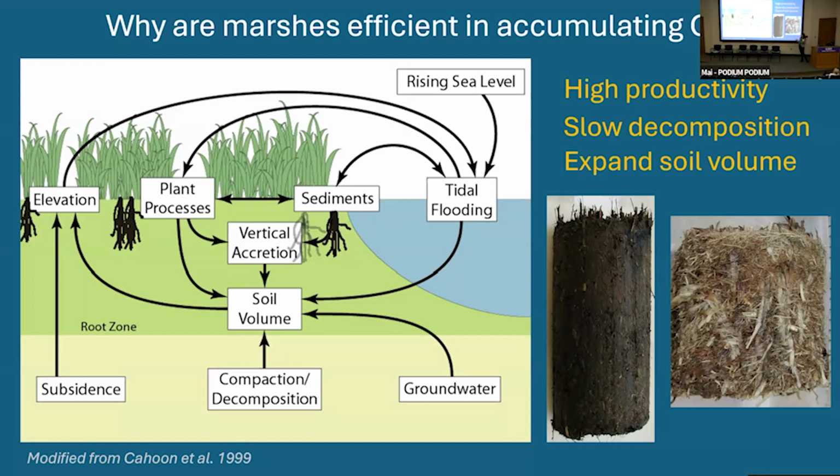The plant roots and rhizomes contribute to vertical accretion through the accumulation of organic matter, and ultimately this increases the soil volume and can bump up the elevation of the marsh. This accretion process, along with lateral expansion through progradation, which is particularly important in deltaic systems, allows the capacity to store soil carbon to increase over time.